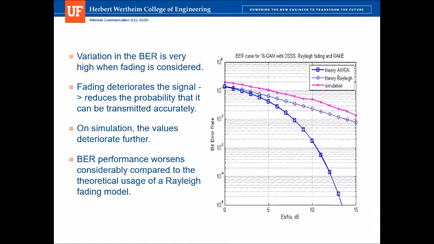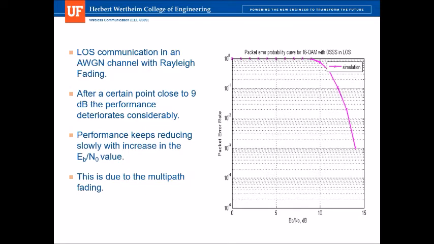So on simulation the values deteriorate further. So in theory, upon simulation the performance worsens considerably. So the line of sight communication is considered here, again the first code.